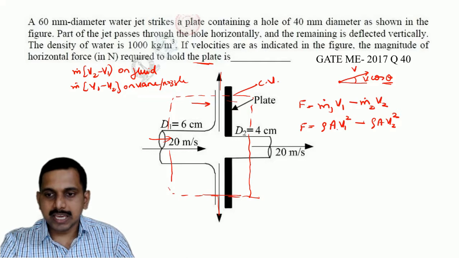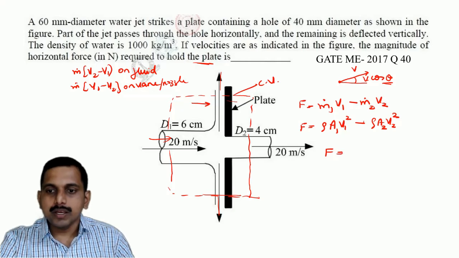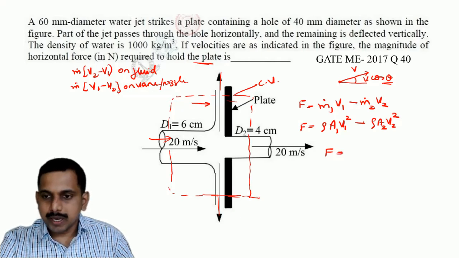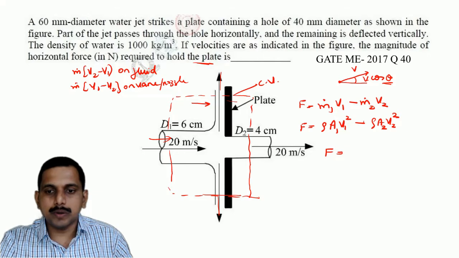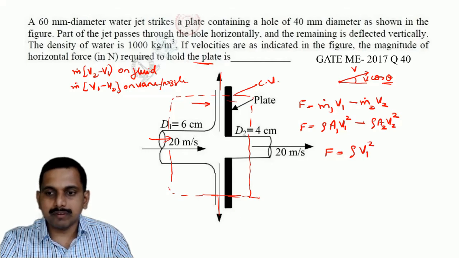This is a1, this is a2, and the density is the same. Now here F is equal to, v1 square and v2 square are the same, 20 meters per second. Density is the same, so density and velocity square we take outside.